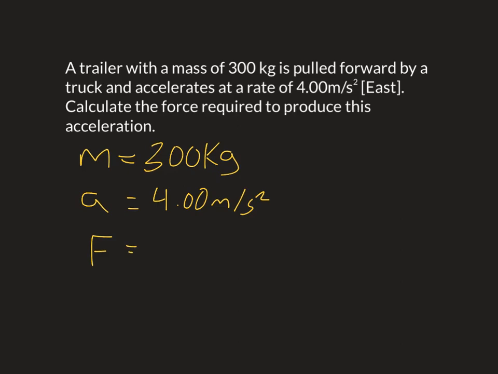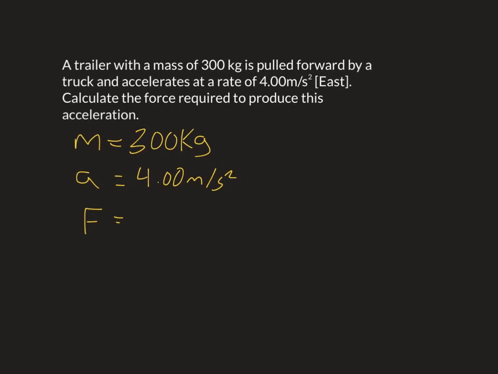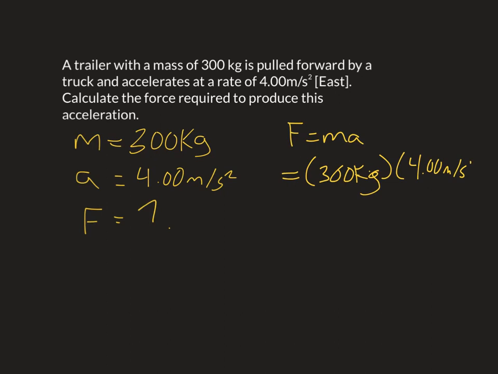It's already kind of solved the way that we want it to be. So all we're going to do here is use our formula, F equals ma. Our mass here is 300 kilograms, times 4.00 meters per second squared.